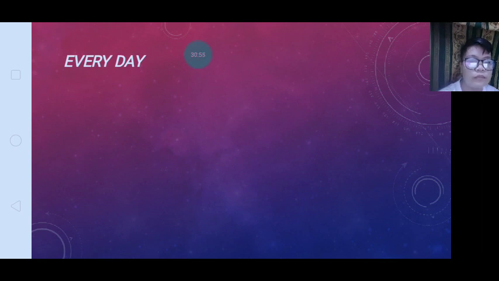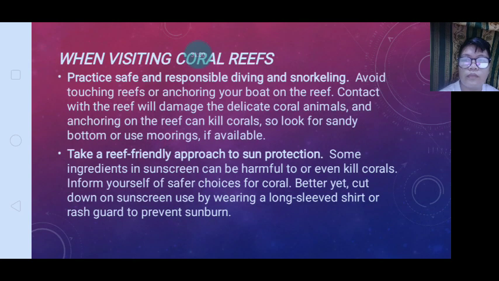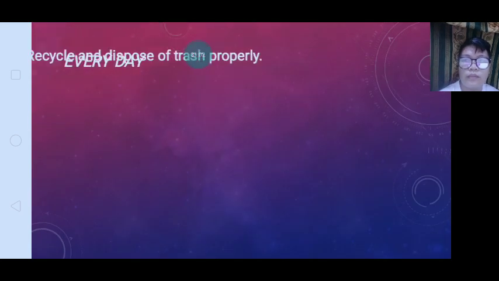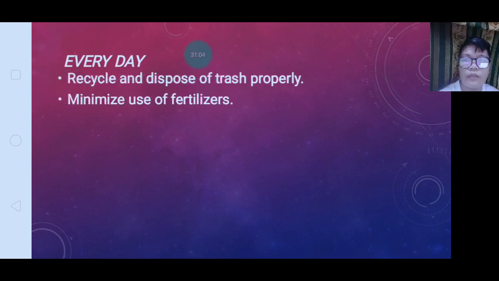Recycle and dispose of trash properly. Marine debris can be harmful to coral reef.